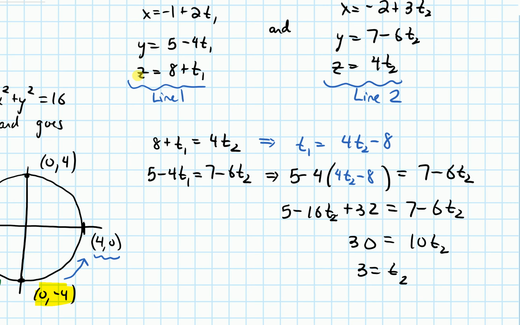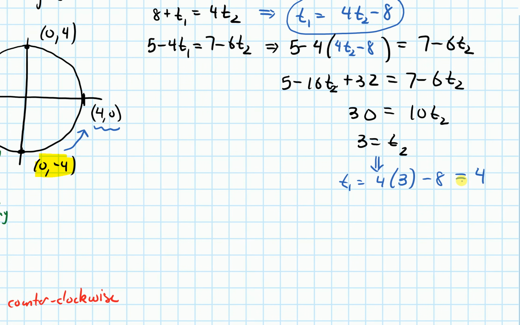Let's figure out the time that the first particle reaches that intersection point as well. If 3 equals t2, I can plug that into this equation to figure out t1. t1 equals 4 times t2, which is 3, minus 8. And that's going to be 4. So that's interesting. t2 is 3, t1 is 4.